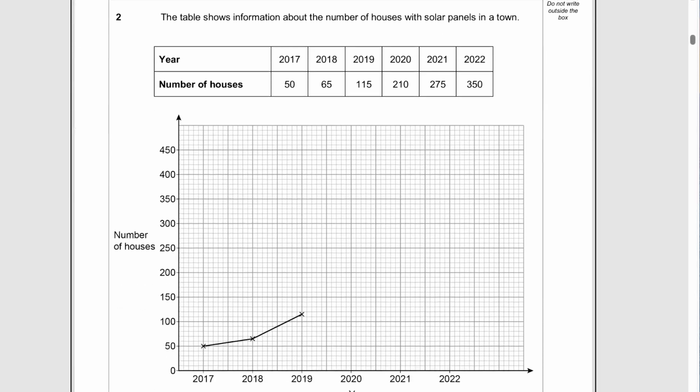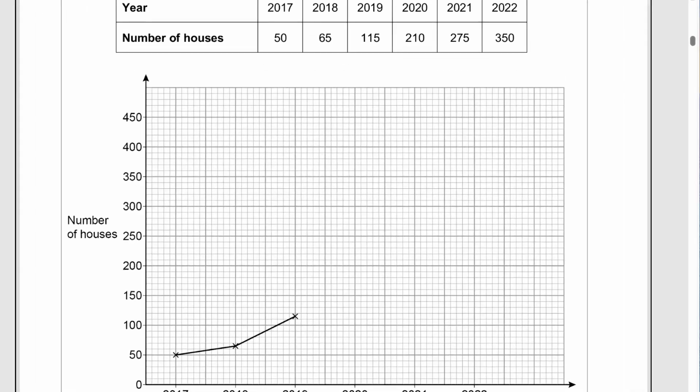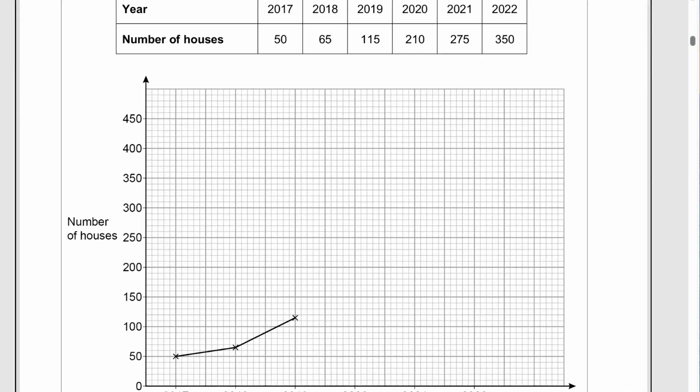Question 2. The table shows information about the number of houses with solar panels in a town. We've got our years, and we've got to complete the graph. If we zoom in a little bit, just double check the values that have already been plotted. 2017 is 50, correct. 2018 is 65, yep. 2019 is 115, brill.